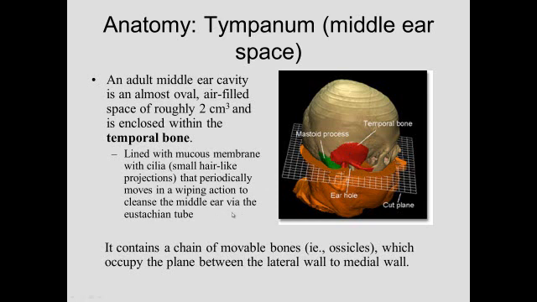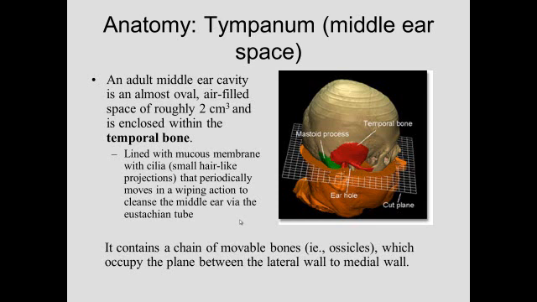And what we'll look at in the next lecture are the structures found inside that middle ear space, that make up what's known as the tympanum, and that facilitate the flow of sound energy from the outside through the eardrum into the cochlea.